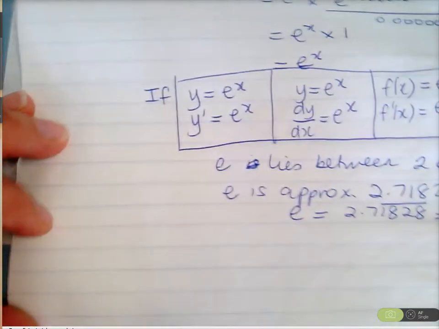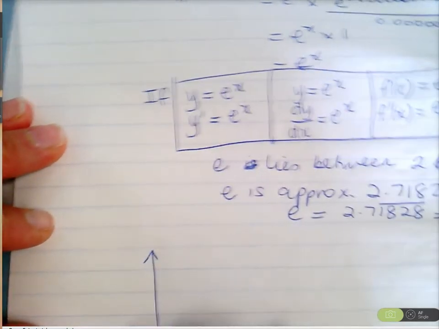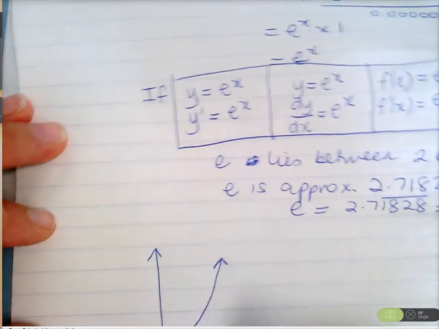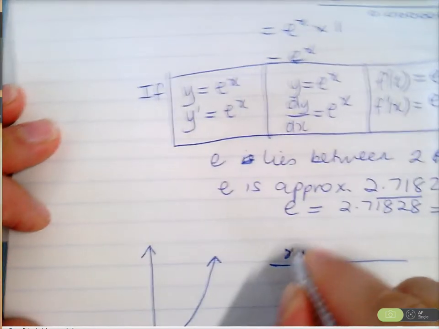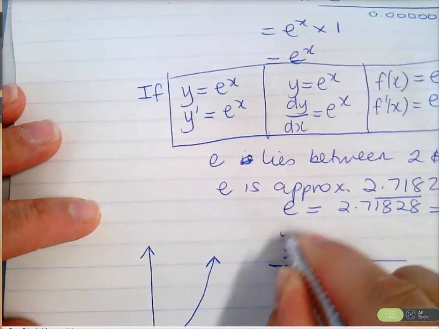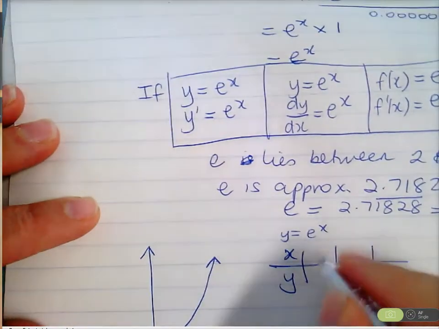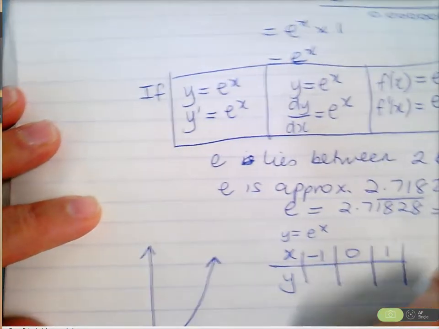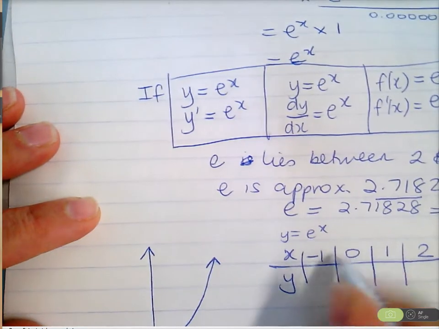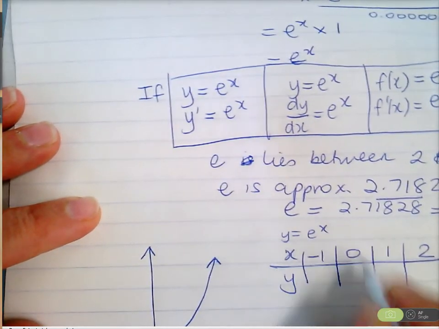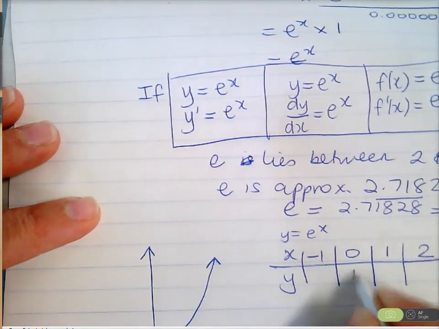Before I start on examples, if I draw y equals e to the x, I could do it by just substituting values. I'm not going to draw it accurately, but e to the 0 is what?